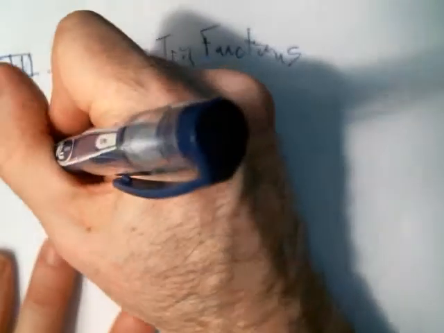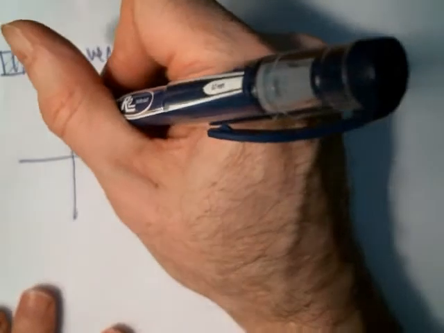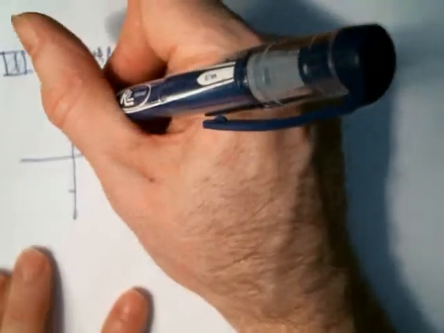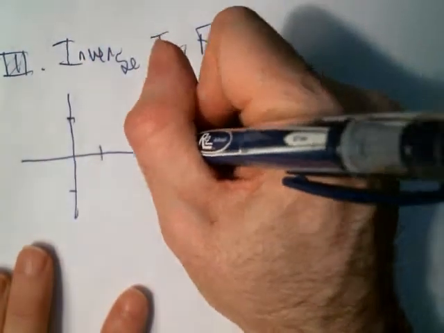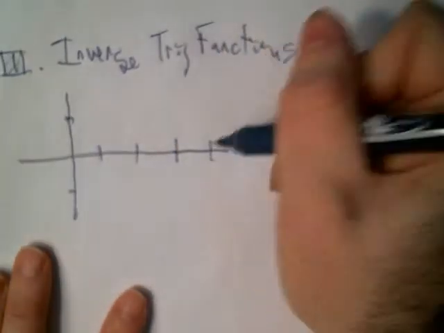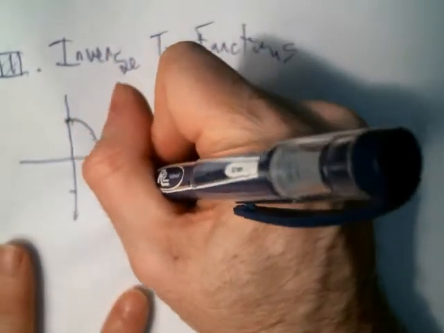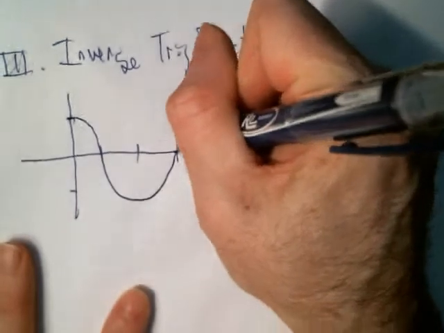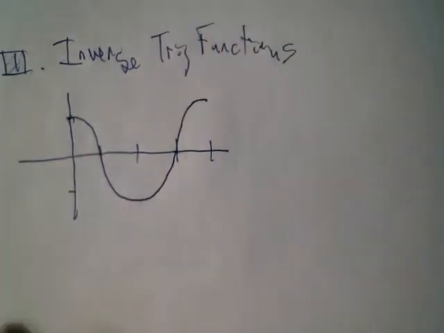And we'll take a look at cosine's graph. So cosine, of course, starts up here at 1, going by pi over 2's out to 2 pi. It'll look like this. And there's 1 period.